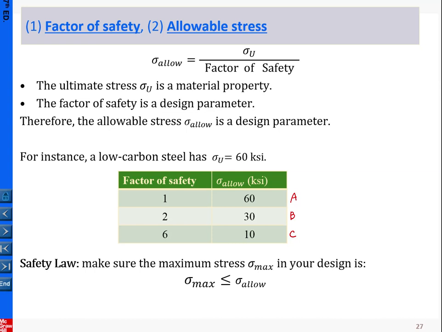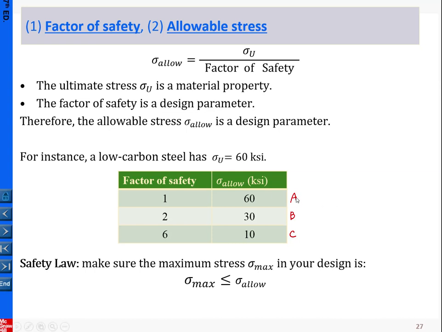Because your design is more conservative, in other words your design is more bulky and a little wasteful, and will be more expensive in budget because you are going to use more materials to achieve a certain design.